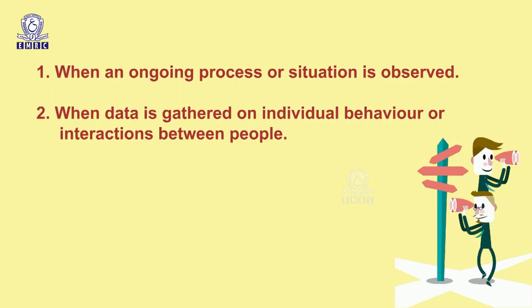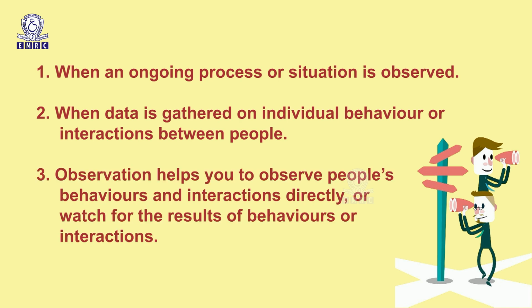Secondly, when data is gathered on individual behaviors or interaction between people. Third, observation helps you to observe people's behavior and interaction directly or watch for the results of behaviors or interactions.